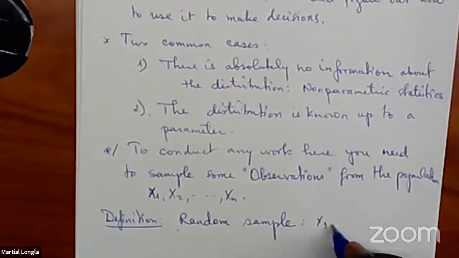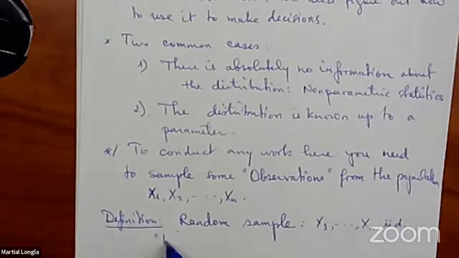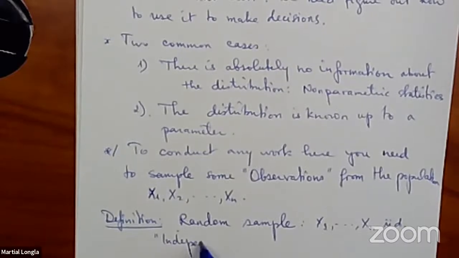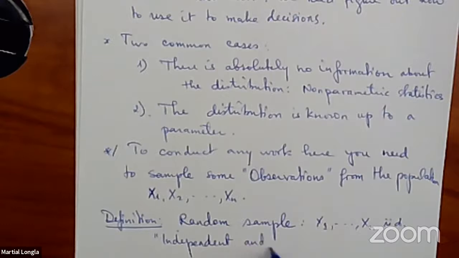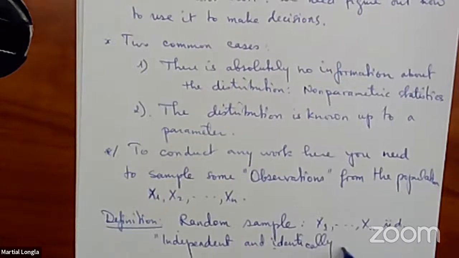It's when you have x1, ..., xn i.i.d., which means independent for the first i and identically for the second i, and distributed for the d.